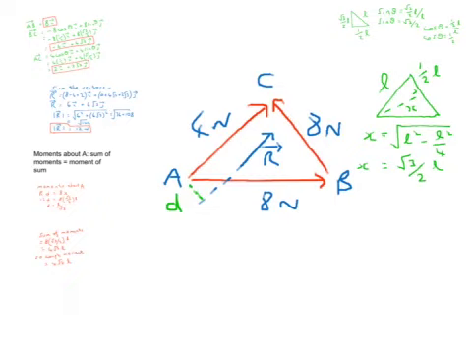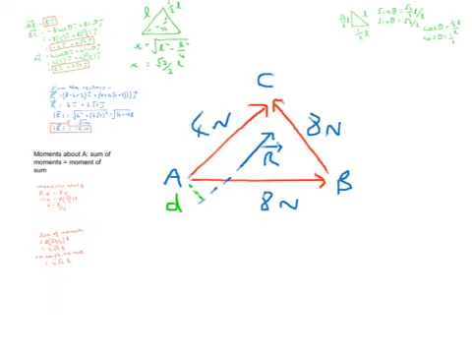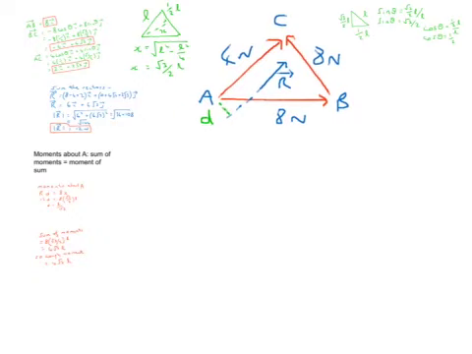That represents the distance of the line of action of the 8 newton force BC from the point A. So we work out x, it's the root of L squared minus L squared over 4, and that resolves to x equals root 3 over 2 L. So that x is the distance of the line of action of the force 8 newtons BC, and that must be equal to the size of the resultant r times the line of action d.